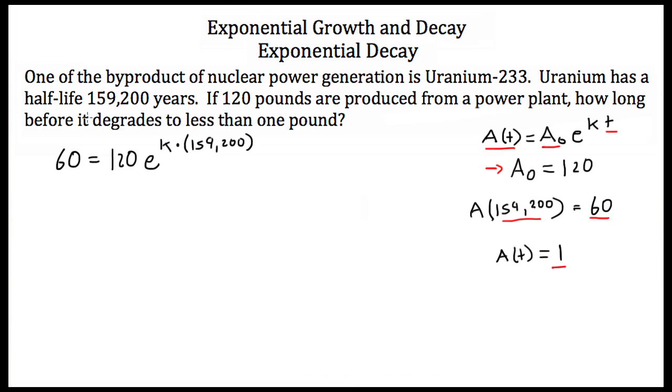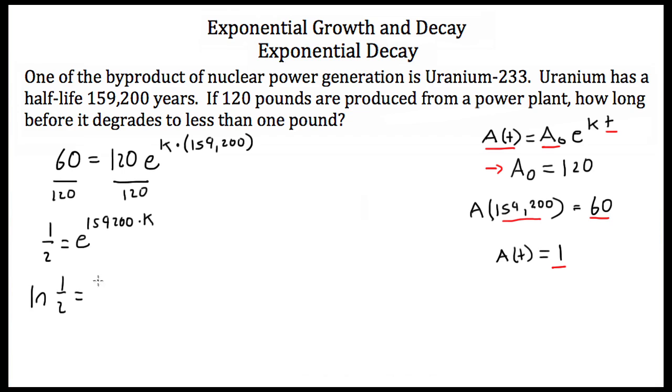Here again, I have an exponential equation with my variable in the exponent, so I'm going to have to isolate this exponential term, or this e term. I'm going to divide everything by 120. So I'm going to end up with 1/2 is equal to e to the 159,200 times k power.